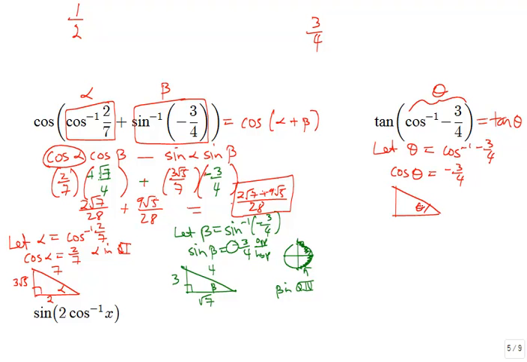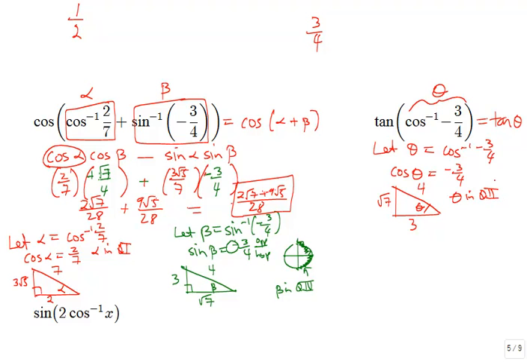Here's my theta. Cosine is adjacent over hypotenuse. So the 3 is the adjacent side, the 4 is the hypotenuse. 16 minus 9 is 7, so there's that √7. And what quadrant are we in? For cosines, your angle is either quadrant 1 or quadrant 2. And if this is -3/4, that means theta has to be in quadrant 2.